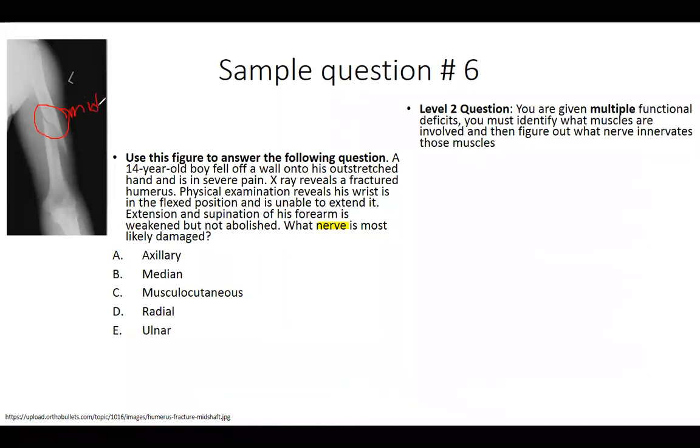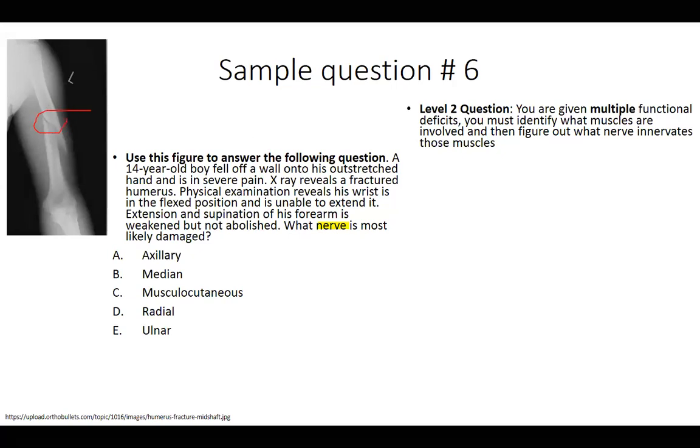If it was up here, your head of the humerus is up here, your anatomical neck is right here. If it was about this area, that's your surgical neck, right? So it's a different injury that can occur. But right now, we're looking at the mid-shaft itself. Okay, so right here.